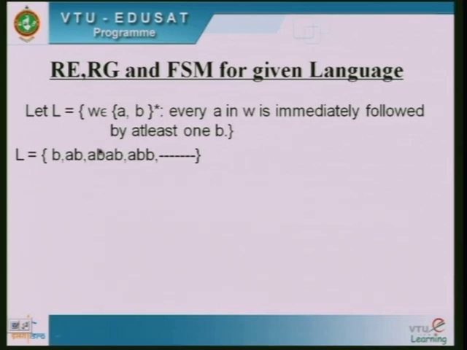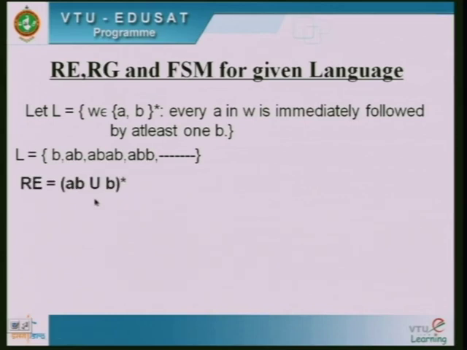L consists of strings W which belong to {A,B} star, and every A in W is immediately followed by at least one B. That means if it has an A, it should be followed by B. So your language can consist of only one B, or AB, or AB AB. If A is there, it should be followed by B. Okay. So at least one B.